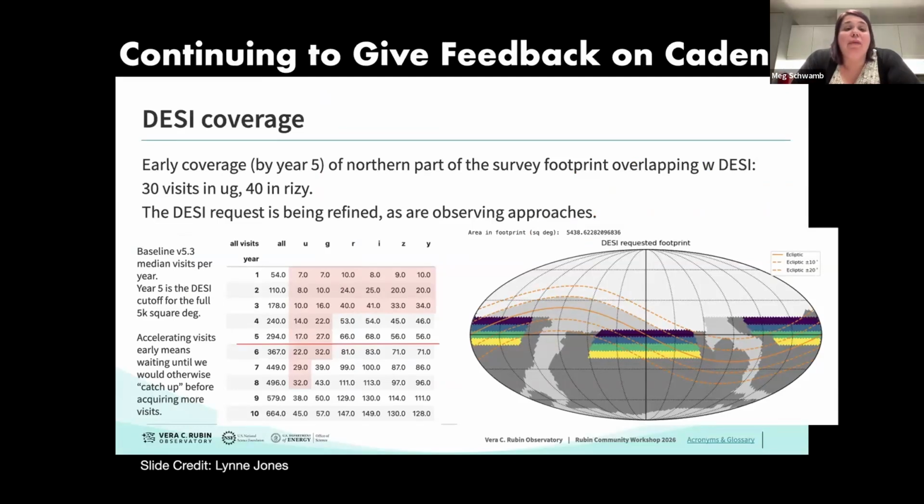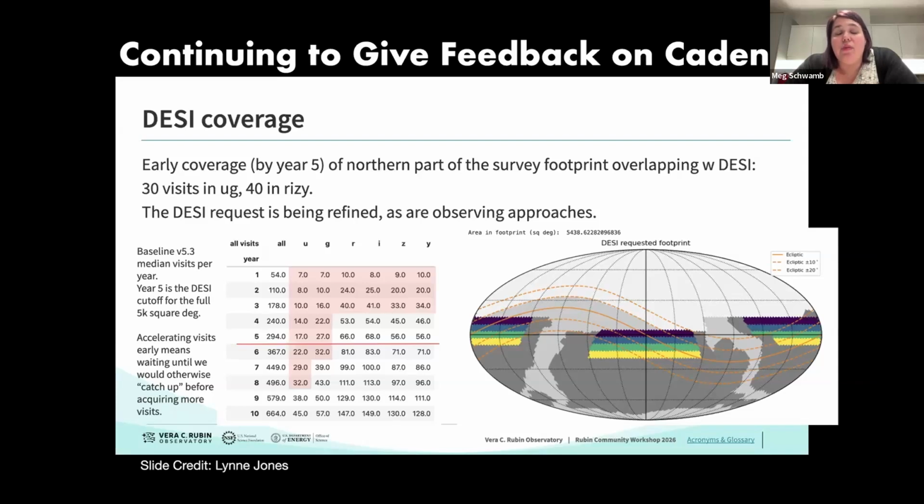There's still discussions about what happens after year 1, or potentially modifications to the tail end of year 1 with this request to support the DESI extended survey by enabling them to get targets to do spectroscopy, by ramping up, doing these sort of tiers, pushing forward observations. And so thanks to Lynn Jones, who literally plotted this today, you can see the ecliptic as a solid line. The first set of dashed lines are plus minus 10 degrees ecliptic.